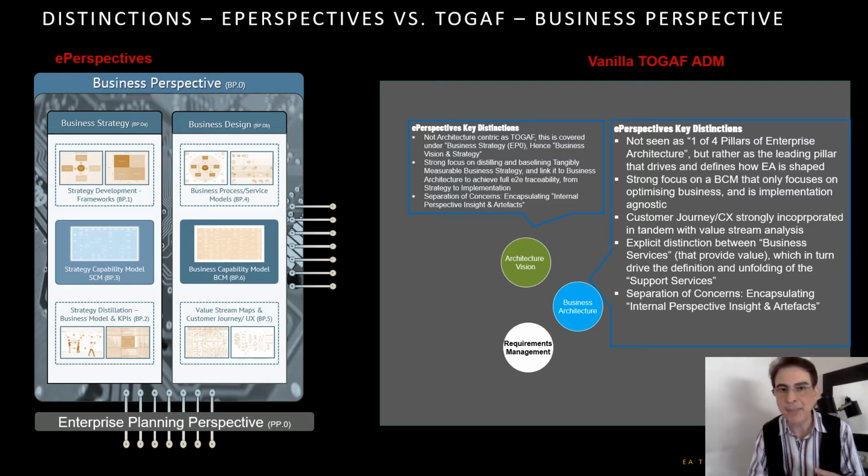So the business capability model is the only artifact that, from the entire business perspective, will be baseline and will be fed as input to the subsequent perspective.